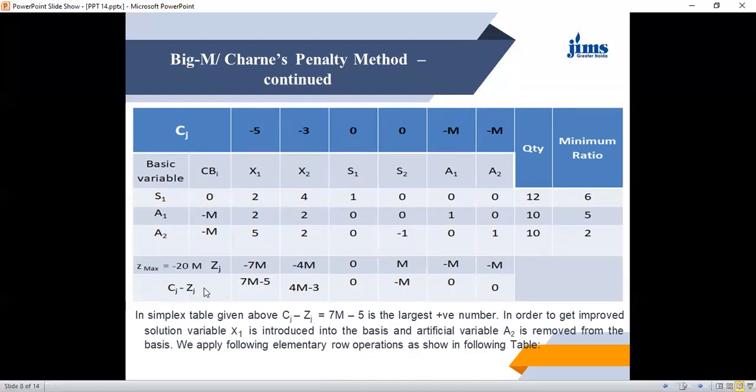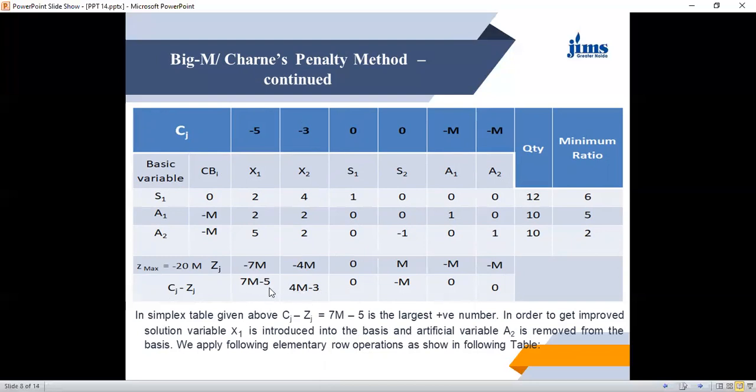Now, in the problem of maximization, we have said that all the values should be negative or 0. So we see here that two values, 4m minus 3 and 7m minus 5, are positive.